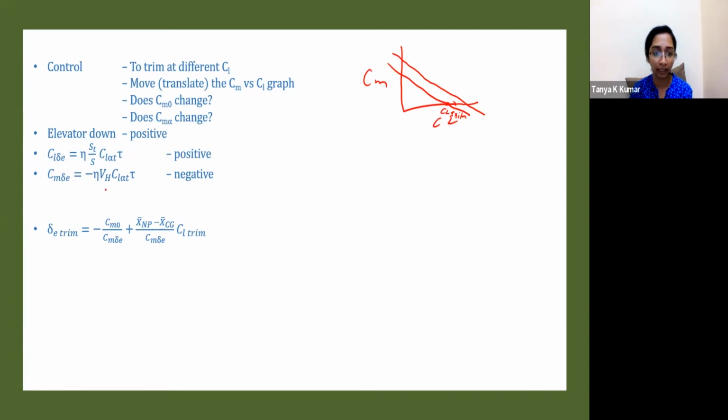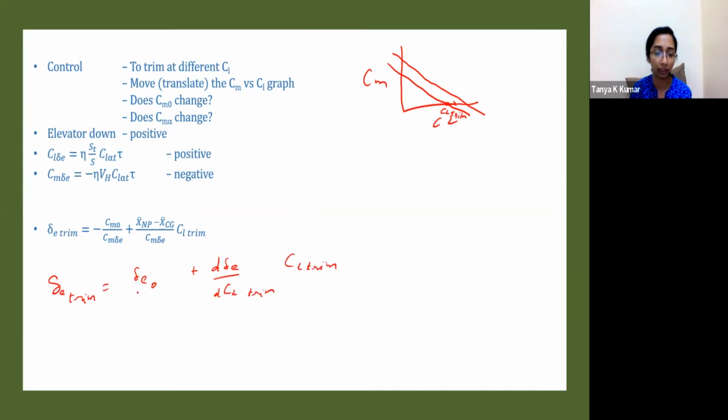Similarly, for CM delta E, all these individual components are again positive, but it has a negative sign. So this CM delta E is negative. The delta E trim required to trim an aircraft at the given CL trim follows this equation: delta E trim equals delta E naught plus d delta E by d CL at trim times CL trim.